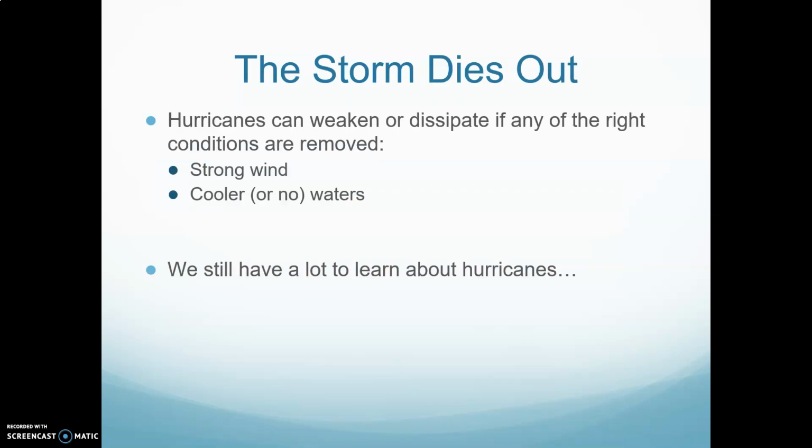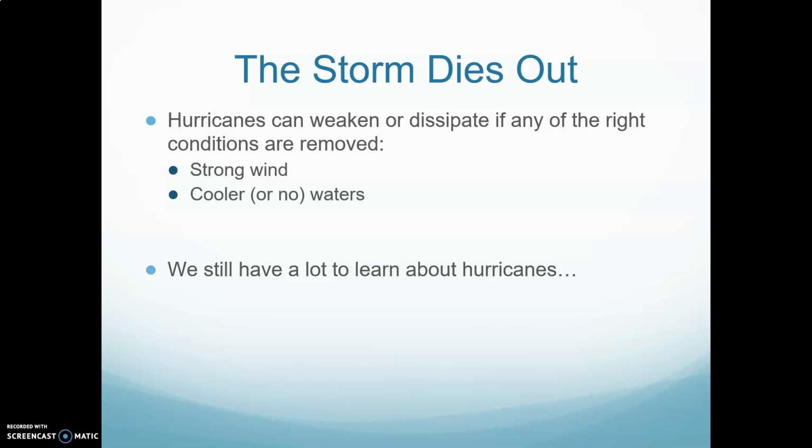Now, how can you weaken or dissipate a storm? Well, you need the right conditions: either strong winds, like from a low pressure system or a jet stream, or some other wind system, or you need cooler waters, or even no water.